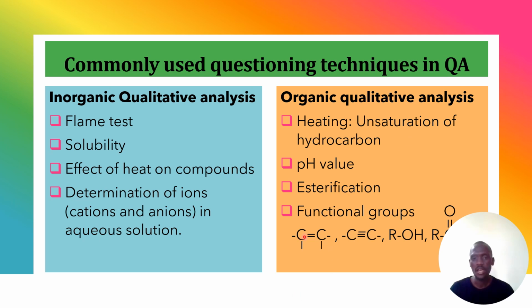We have unsaturation, that is double bond, triple bond. We have the alcohols, the OH group. Then we have carboxylic acid or organic acid, RCOOH. Those are the functional groups commonly tested in organic analysis.